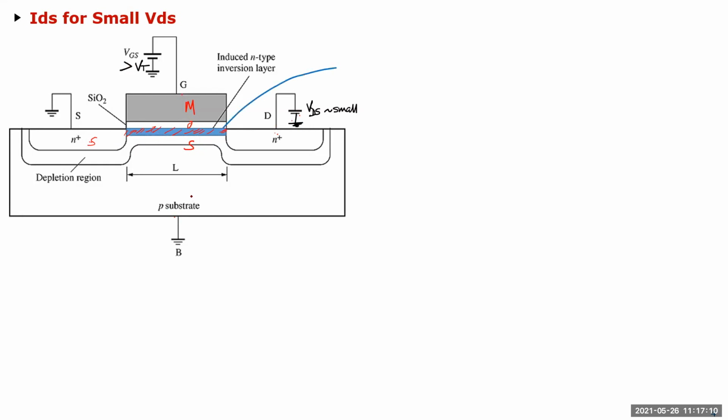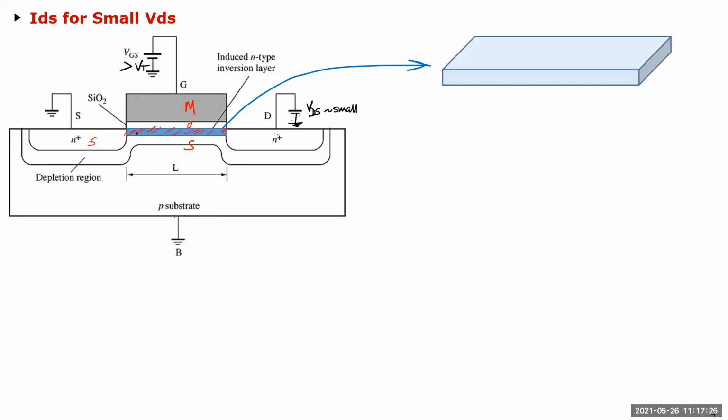If that's the case, we can use the previous derivation we did, because you remember we said it could be a resistor, it could be a charge sheet, it could be a block of semiconductor. So we'll assume this sheet of charge as our element which we just derived. I just exaggerated this sheet of charge into this length L and width W, which is the W and L of your transistor.